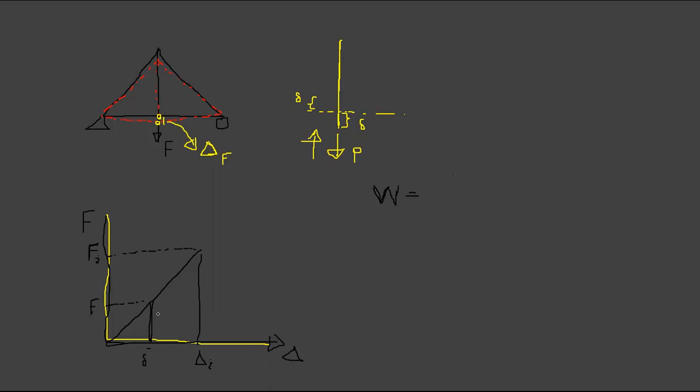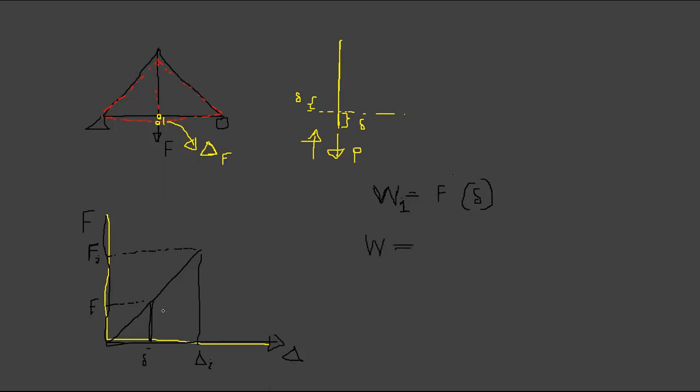So the work done on that portion is, let me call this W1, okay. So in this small portion, the work done is F into delta, right? So to get the total work done, you need to integrate.